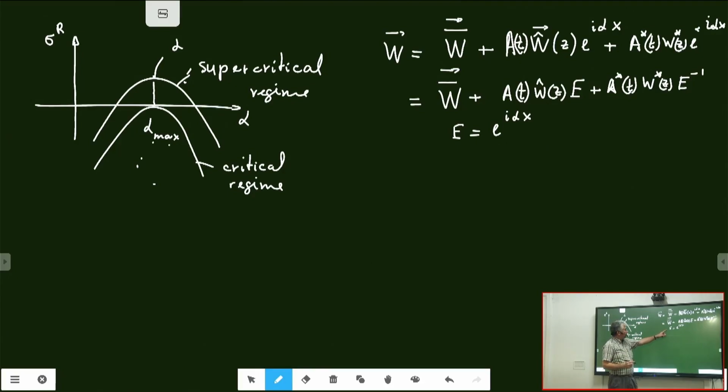I introduced a capital E notation for the exponential function, the partial exponential function. So then this becomes E, and is it clear why it is E to the minus 1? It should be quite clear, because I have a minus there, so it becomes just E minus 1. It's literally 1 over E. So, all right, that's our goal. Now we know everything here except A. We would like to know what A is in the long term, when t goes to infinity, so when t becomes large. Is that clear?